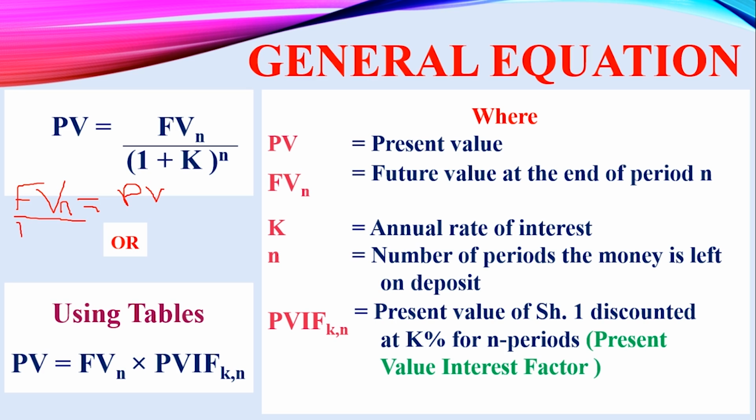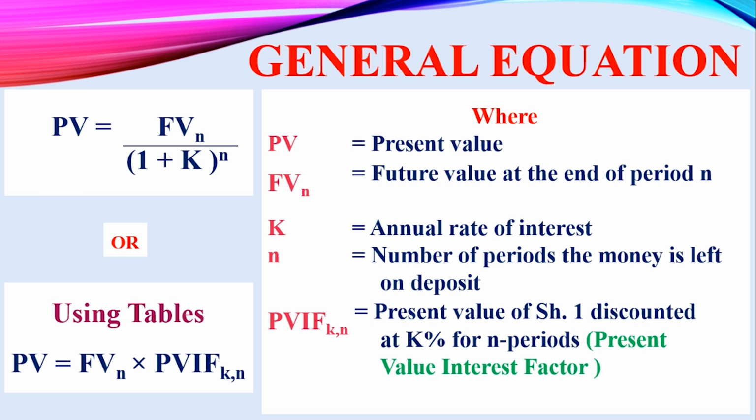I'm going to divide here by 1 plus k power n. And you realize now this gives me the formula above. So you can simply get the formula from the future value. You simply make the PV the subject of the formula, and that's how you get the present value.